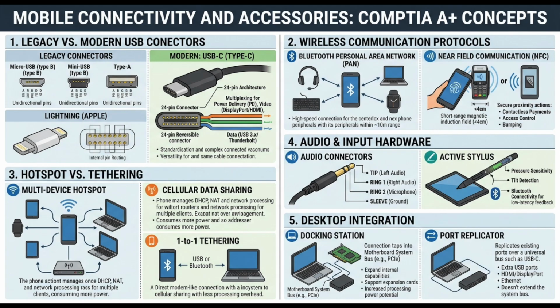We also unpacked the heavy routing differences between broadcasting a hotspot to many clients versus establishing a direct tether to a single machine. We broke down how a TRRS analog jack physically isolates audio channels to save our communication when digital batteries inevitably fail. And finally, we explored how proprietary docking stations and universal port replicators blur the hardware lines, allowing a thin mobile device to consume the capabilities of a full desk setup.